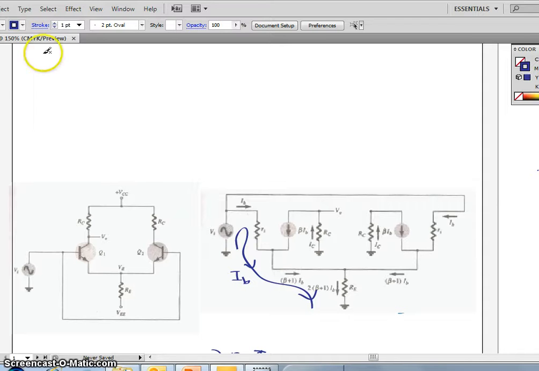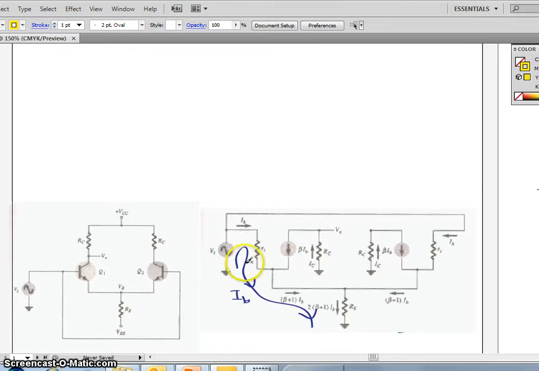Writing the KVL equation over this loop, the current is coming in this direction, so this will be plus and this will be minus.